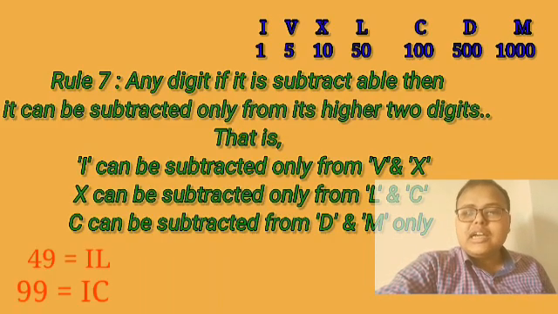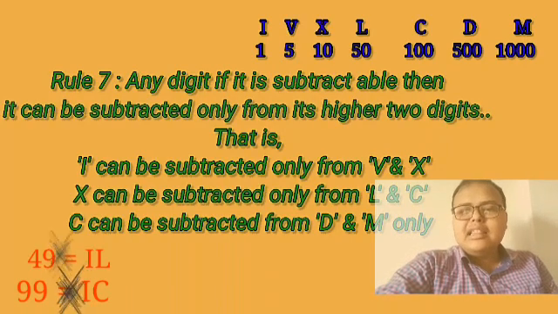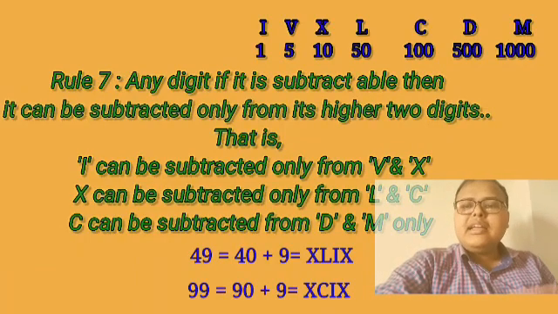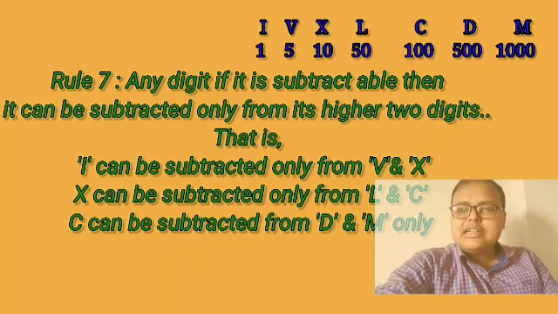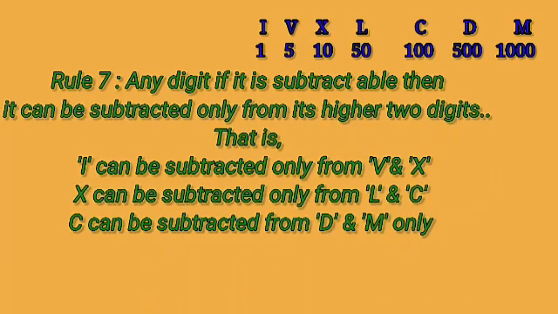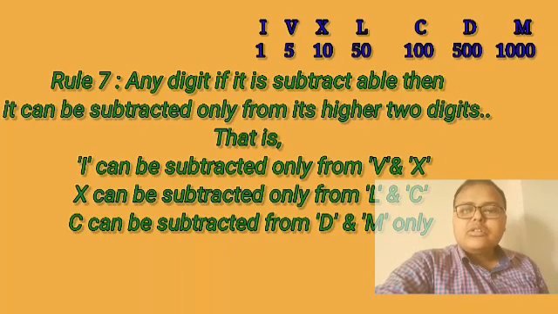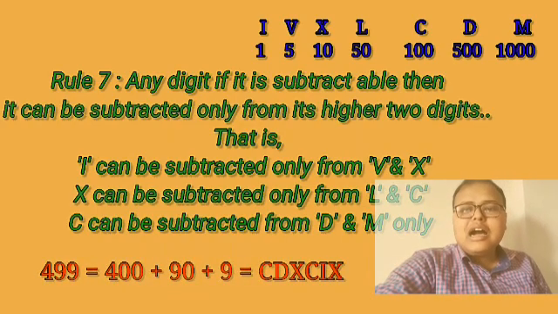So to represent 49 or to represent 99, we cannot write IL or IC. We can subtract I only from V and X. Similarly, X can be subtracted from its higher two digits, that is L and C. We cannot subtract X from D. Similarly, we can subtract C from its higher two digits, that is D and M. So for 499 we cannot write ID.